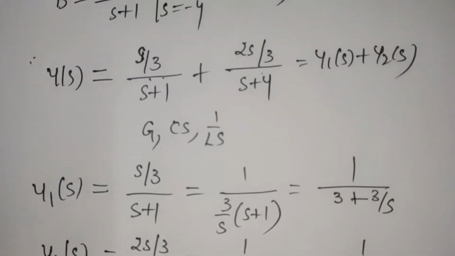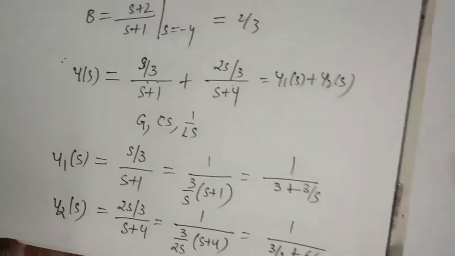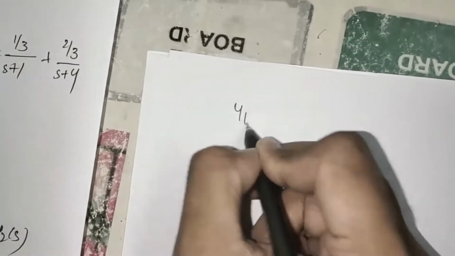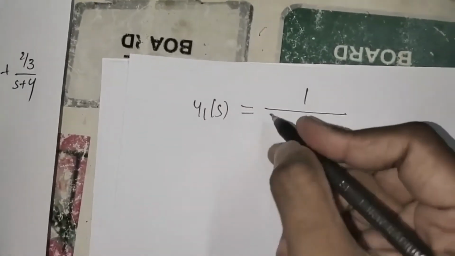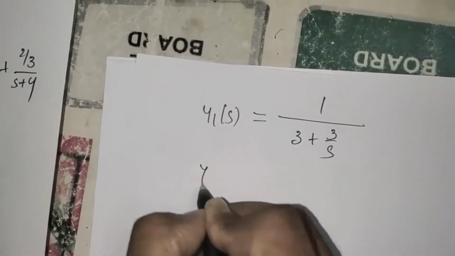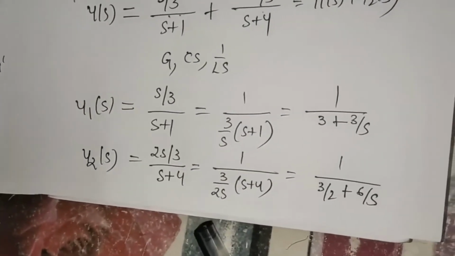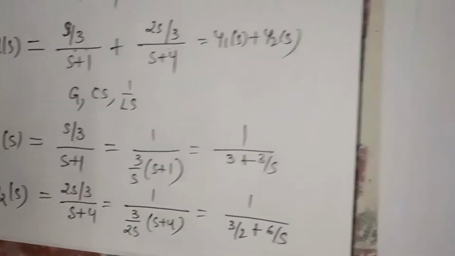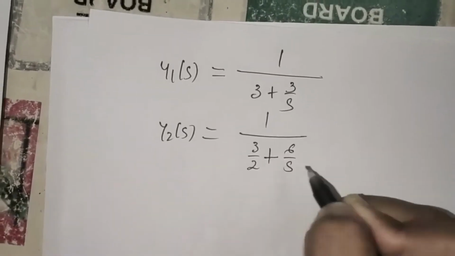So considering individual terms, we have obtained Y1 to be 1 divided by 3 plus 3 by s, and Y2 we have obtained as 1 divided by 3 by 2 plus 6 by s.